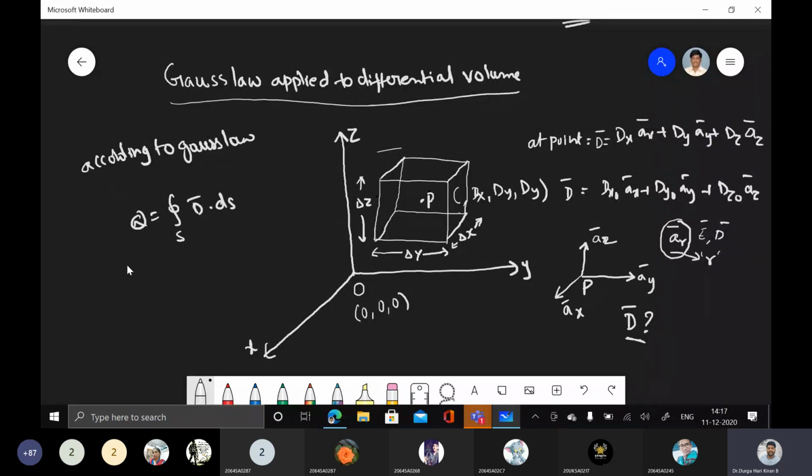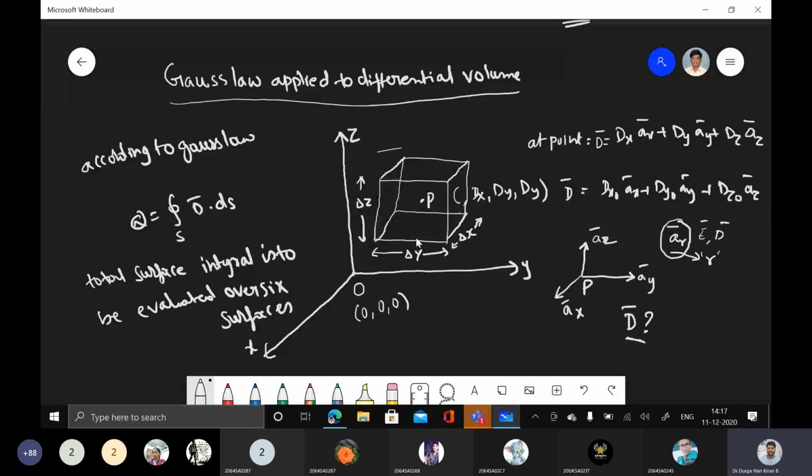The total surface integral is to be evaluated over six surfaces. It is something like a cube, a volume, so it has six surfaces. On the six surfaces we find the surface integral, and if you combine all that, it is the charge enclosed.